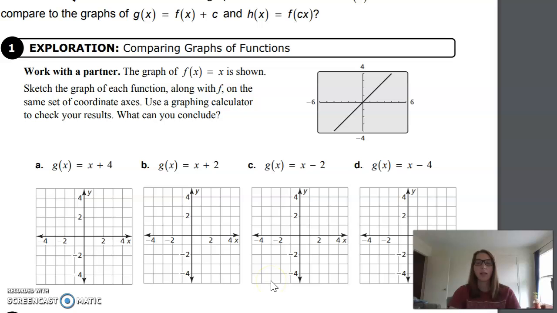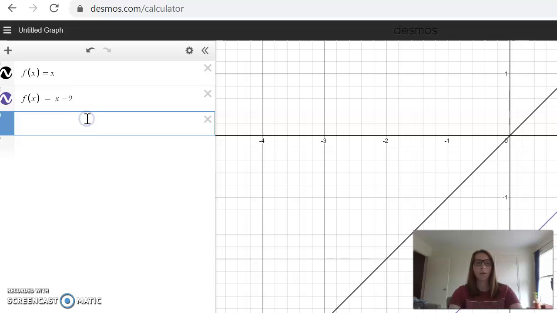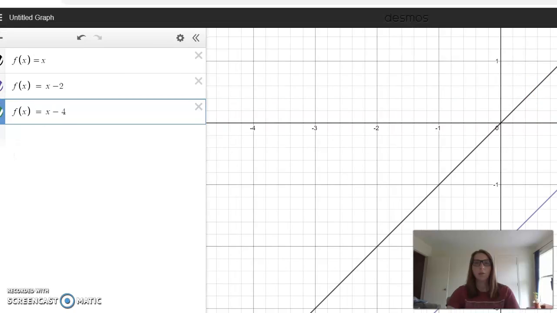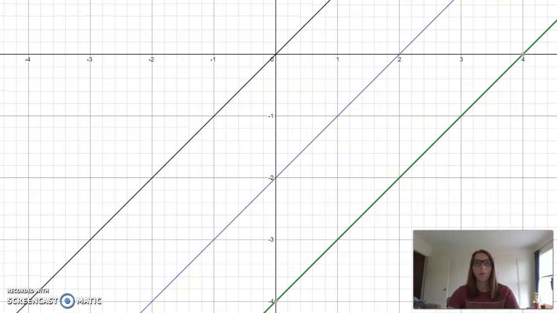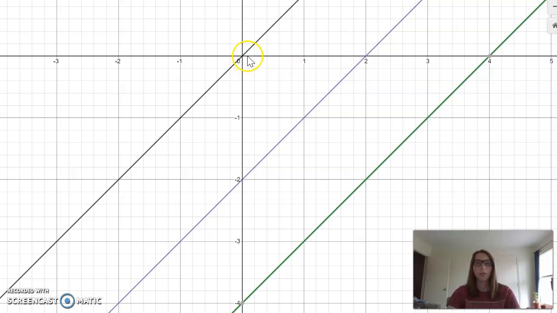Okay, so for your last function, we have g of x equals x minus 4, and we'll go back to Desmos and put that in. All right, last function, f of x equals x minus 4, and that has already been put in, and we will see with our graph what has happened. So here was our parent function that goes through 0.